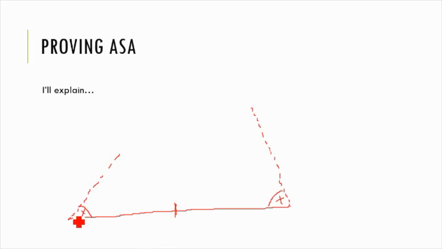The only thing we're not sure about is the length of this side, the length of this side, and the angle at which they will make when they intersect. Well, I can't move this left side out anymore because that will change this angle.